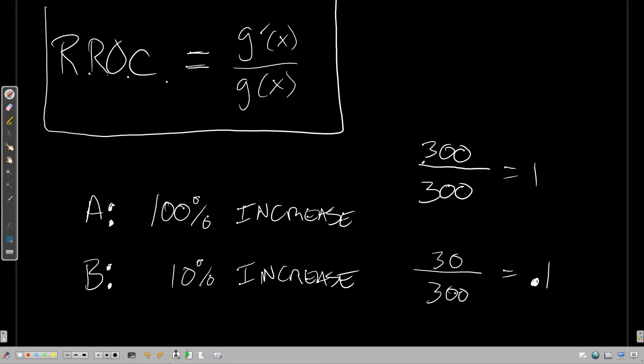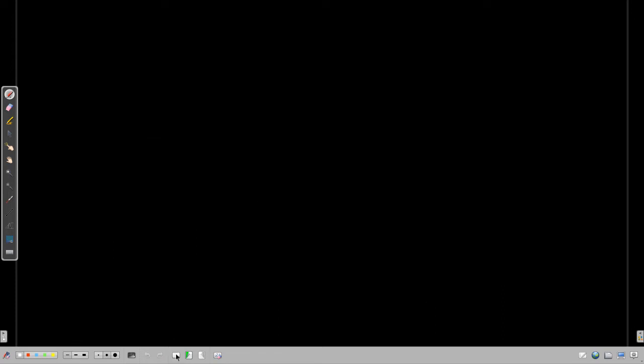And they use this notion of relative rate of change to construct the function for elasticity of demand.